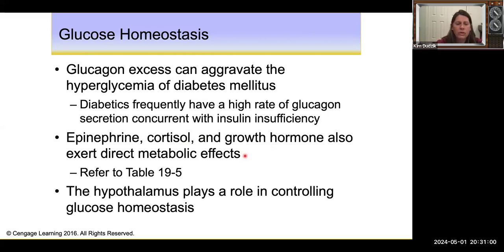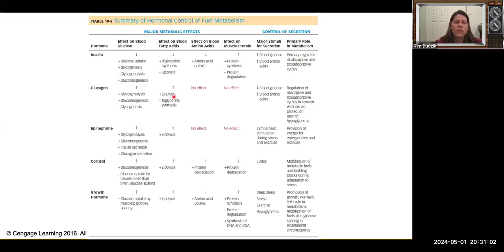I will show you this table that's referred to here. I like this table because it has a really nice summary of the effects of insulin and glucagon. You can read across here. But then it does summarize epinephrine, cortisol, and growth hormone. Again, I'm not adding anything to the previous lecture, but read through this, whatever corresponds to the previous lecture, you can go with. Anything that's extra here, I won't test you on.